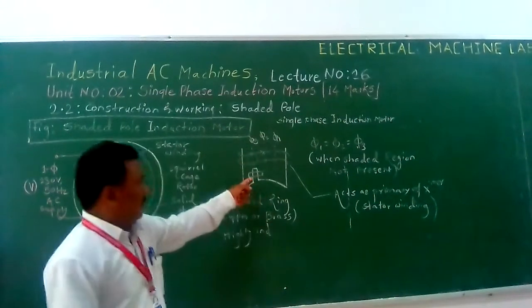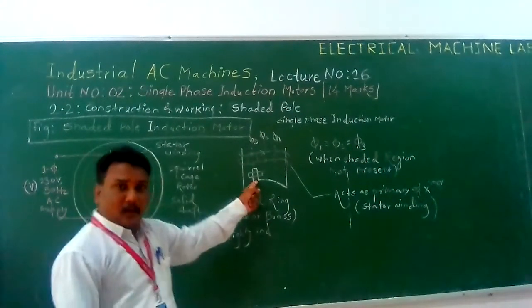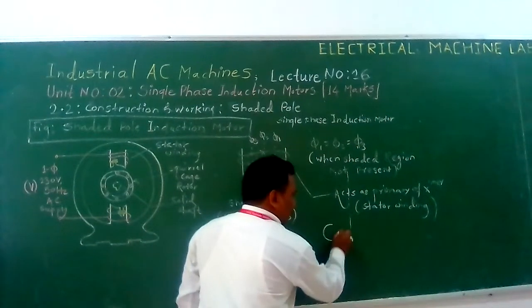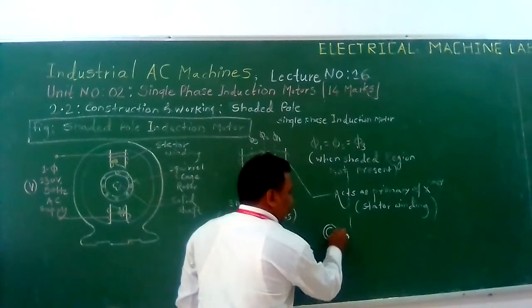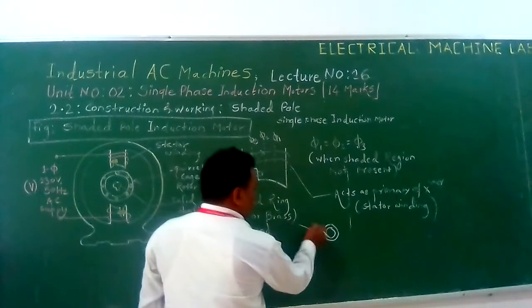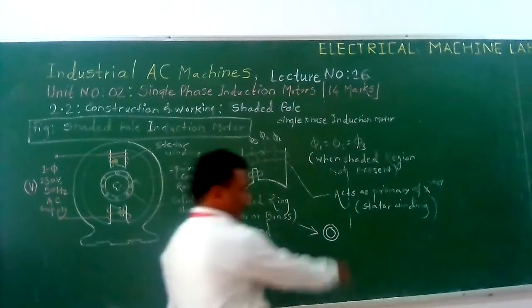This shaded ring acts as a short circuited secondary of the transformer. This is the shaded ring of copper or brass.